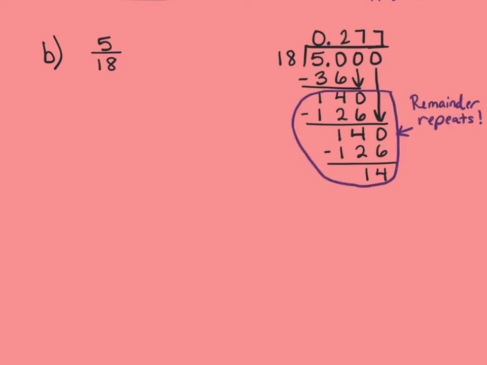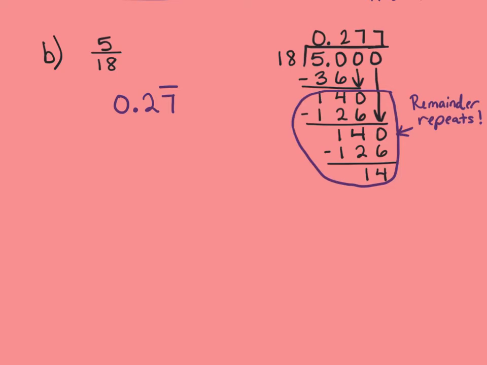So we see if the remainder is repeating, that this is going to be a repeating decimal. I do need to write my decimal. 0.2, and then that 7 just keeps on repeating. Since the 7 repeats, I only have to write it one time and place a bar over the digit that repeats.